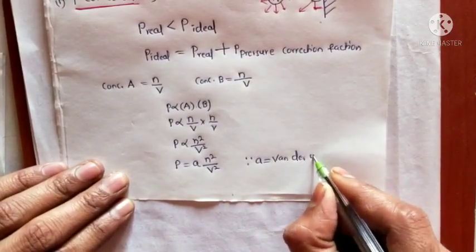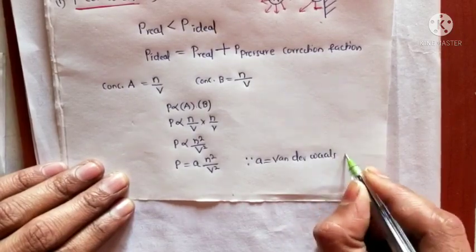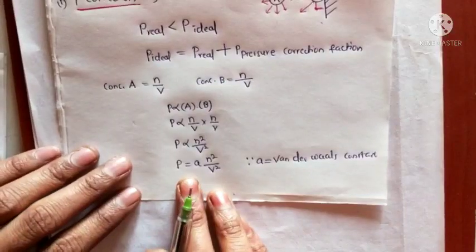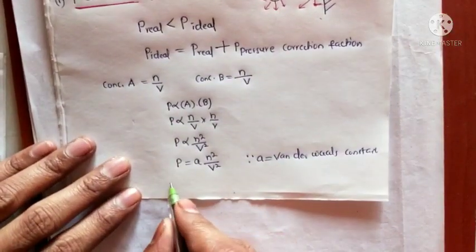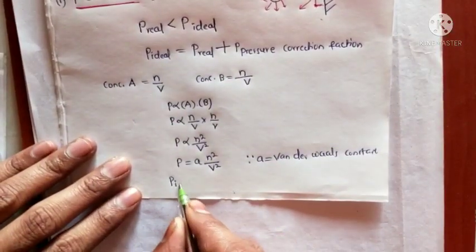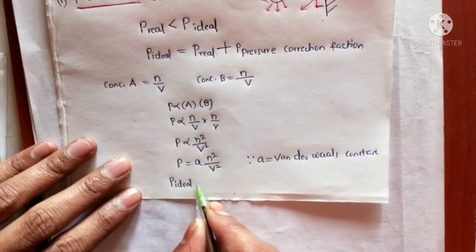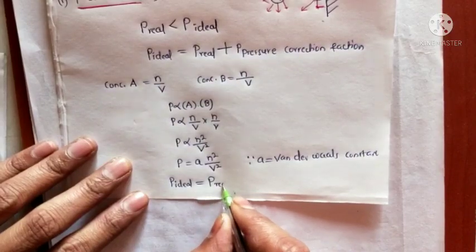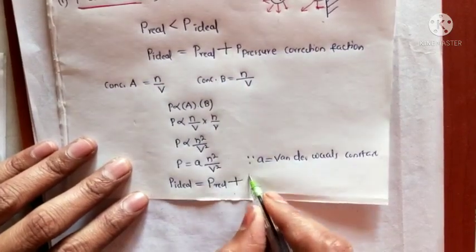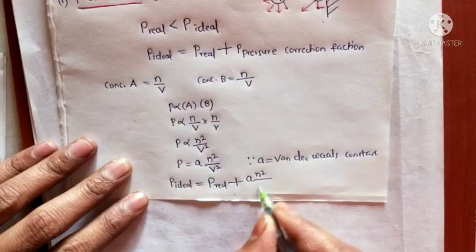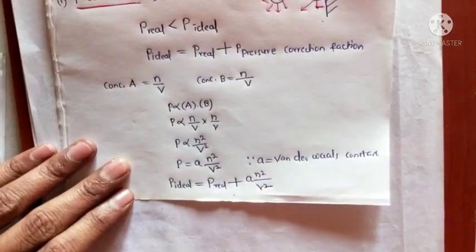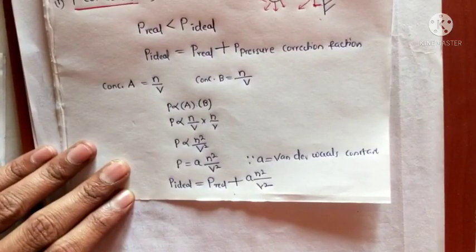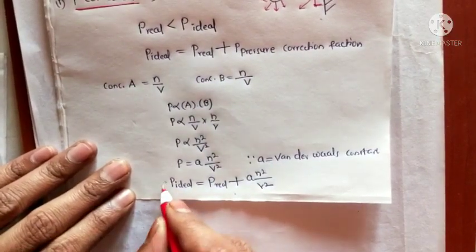This is the pressure correction factor. So we can say P ideal equals P real plus a n squared by V squared. This is called pressure correction.